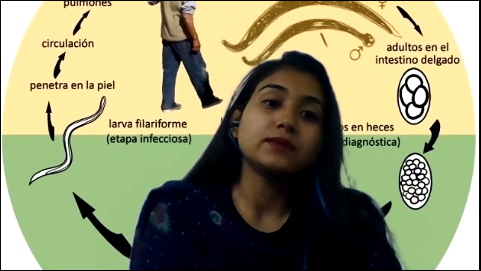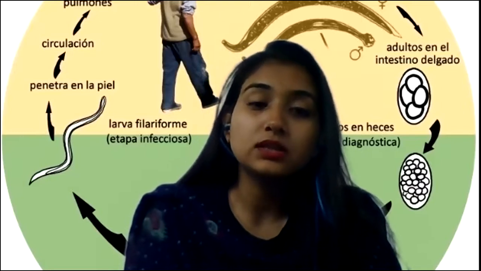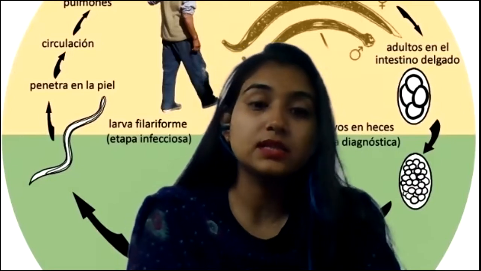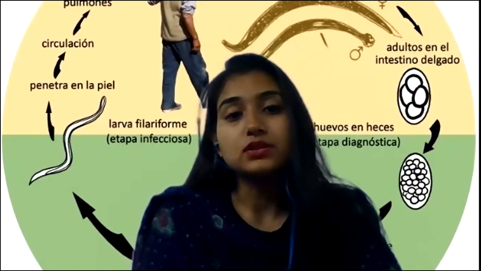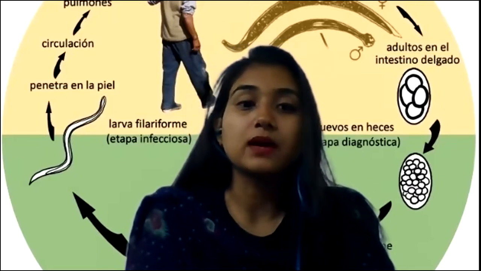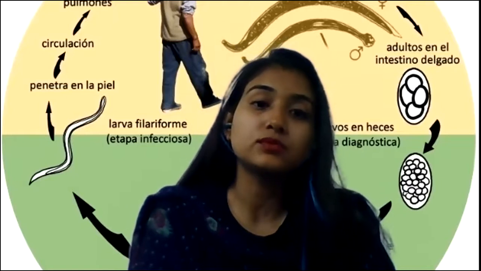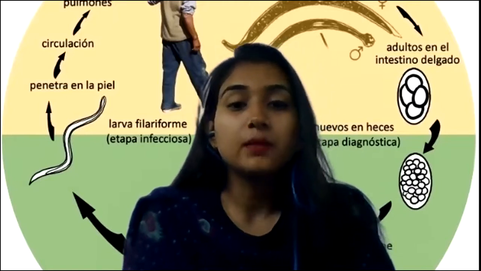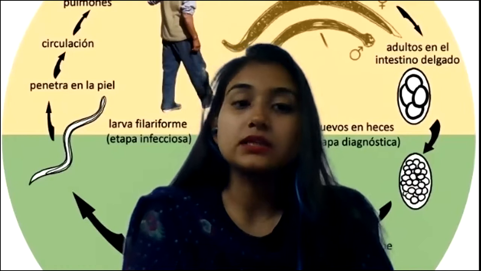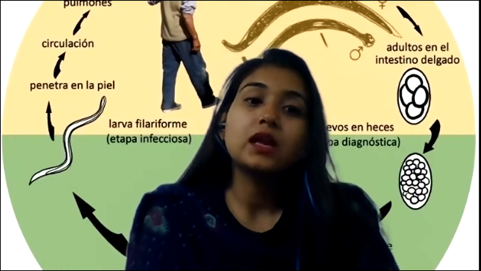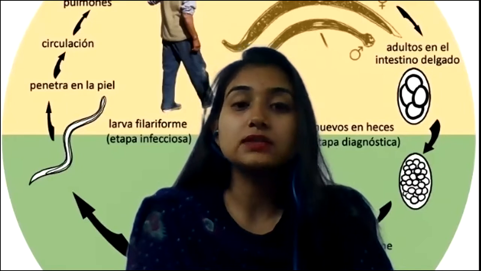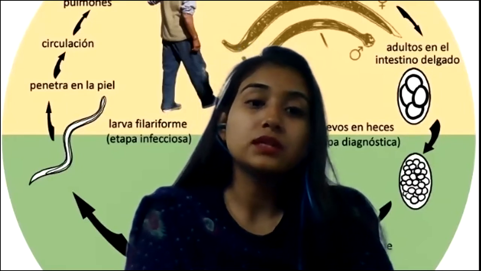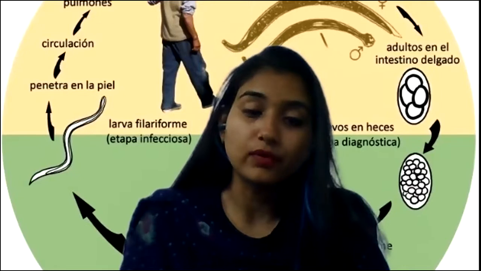And morphology. It is a small, grayish white cylindrical worm, and it appears reddish brown when freshly passed in feces due to ingested blood in its intestinal tract. The anterior end of the worm is bent slightly dorsally, hence the name hookworm.